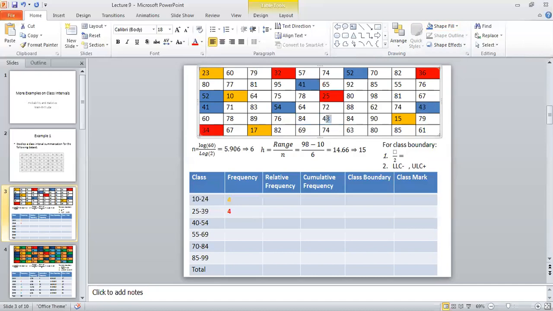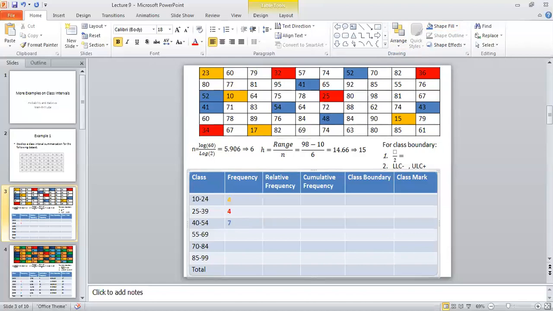No, there is one value 48 in this column which was missed, and it seems that we have filled up all the spaces for this interval. So 1, 2, 3, 4, 5, 6, 7. So we have got 7 over here.